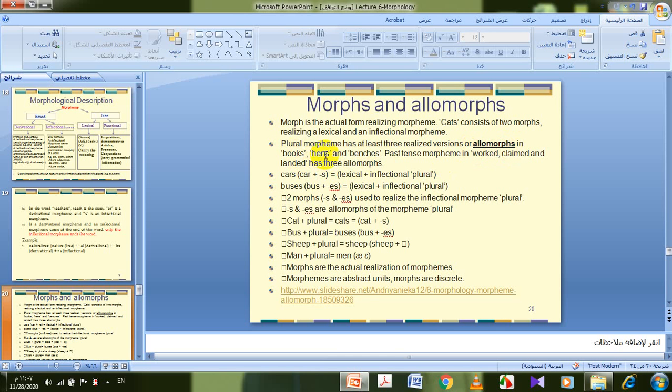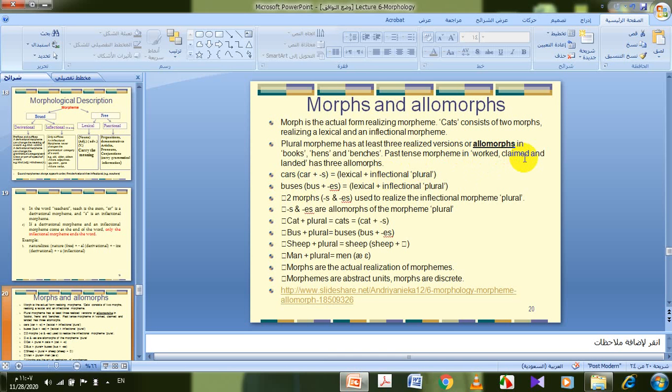This is done, of course. The past tense morpheme in worked, claimed, and landed has three allomorphs. Let's have a look. Worked, it is t.